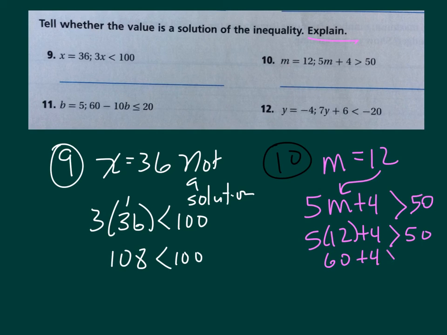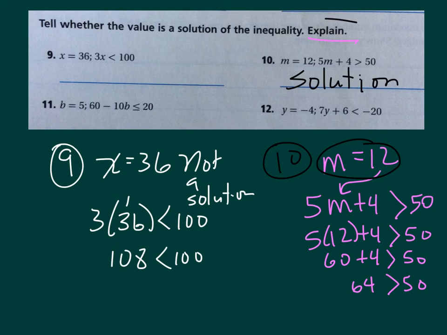Bring down your plus 4. It's easy to go from here because 60 plus 4 is greater than 50. Therefore, m equals 12 is a solution. So I'm going to write a solution here. The explanation I'm looking for is because it makes the inequality true.